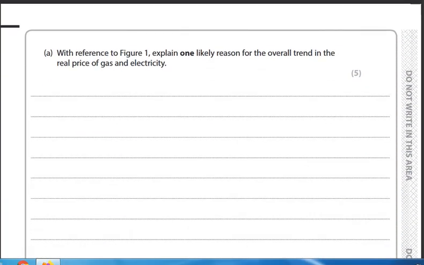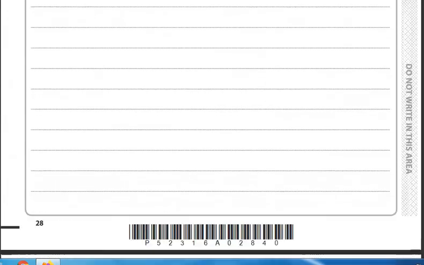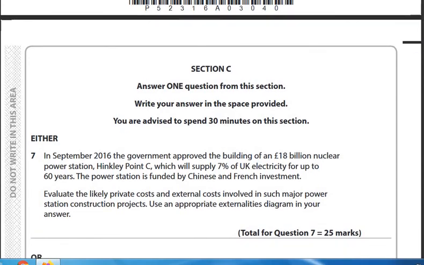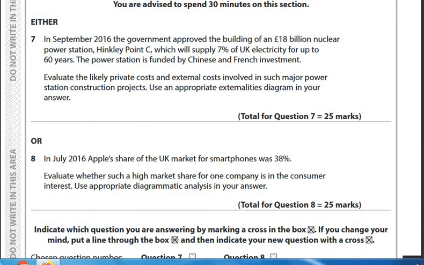So the last section is section C. So let's go to this. Okay, so section C is an essay or an extended response. It's worth 25 marks, and you can pick one from two.